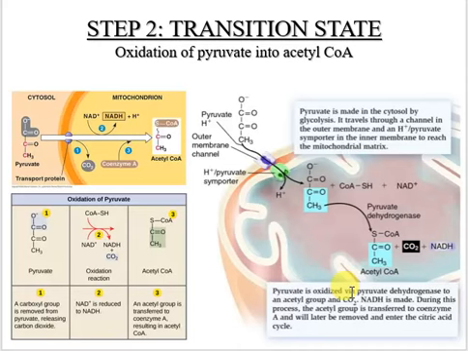All right, so where do we go from here? Well, we go into the second stage of respiration, which is the transition stage or the intermediate stage, also known as the oxidation of pyruvate, because that's exactly what's happening in this stage.